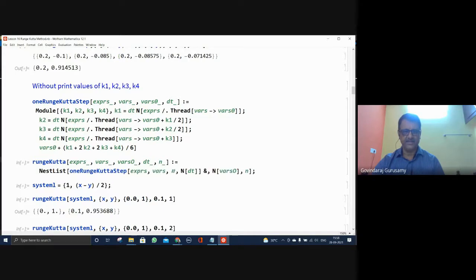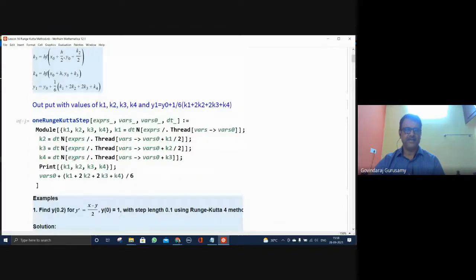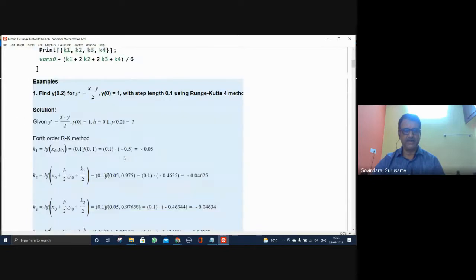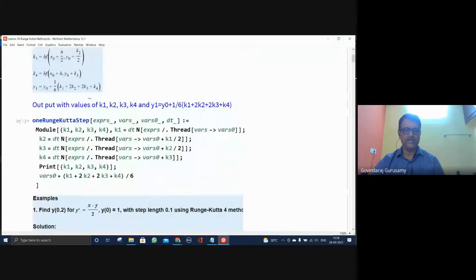If I do that, I have the result. Let me check the first part of it. I'm taking the output also here. Print out K1, K2, K3 so that I can confirm that K1, K2, K3 are produced, and then I'm getting the number y of 0.1 also. So to start with, I'm having this.